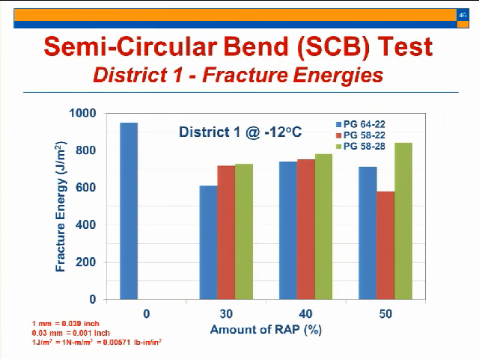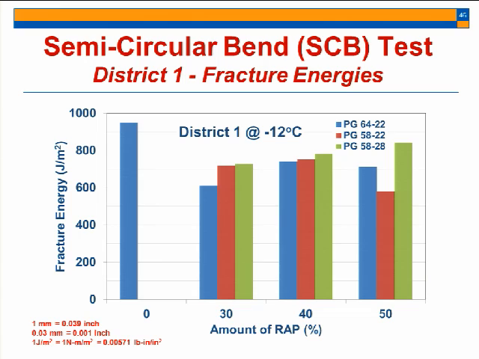I'm showing the District 1 samples here at minus 12 degrees centigrade. We do see a decrease in the fracture energy as we move from 0 to 30% RAP, and it's quite a significant difference here. But as we move from 30 to 50%, we don't exactly see much of a difference. All of them behaved almost similar. The differences that we are seeing between 30, 40, 50% are within the experimental error of the test.